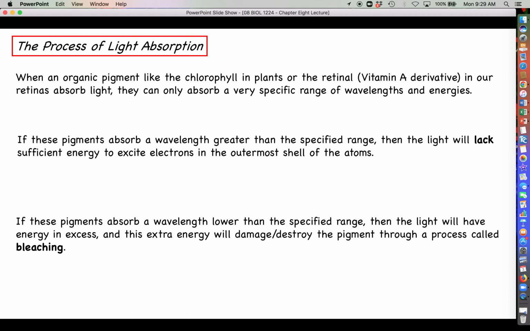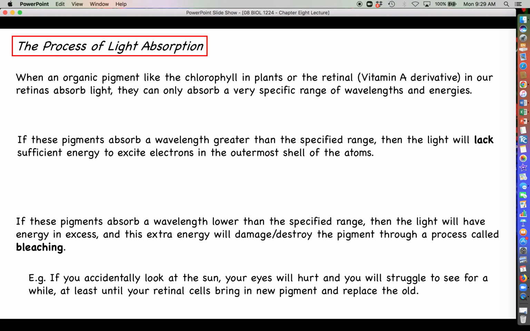You start to feel a little bit of pain, and you close your eyes and you see nothing but bright light. That is evidence that the pigments in your retina have been damaged by the sun, and it's going to take a little while for the cells in your retina to repair the damage. So you won't stop seeing that bright light until your cells can bring in new pigment and replace the old damaged pigment.